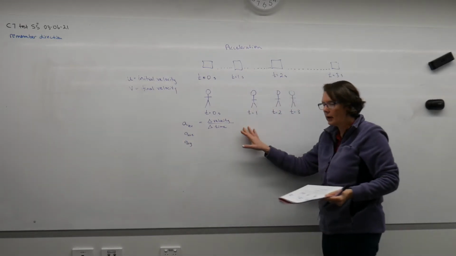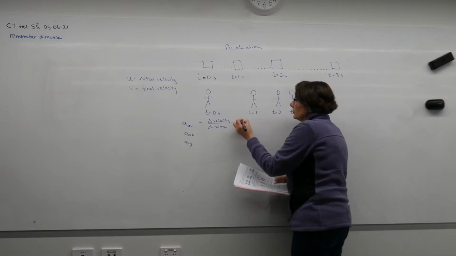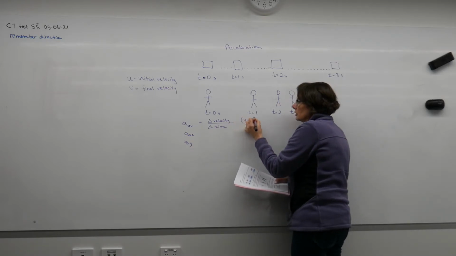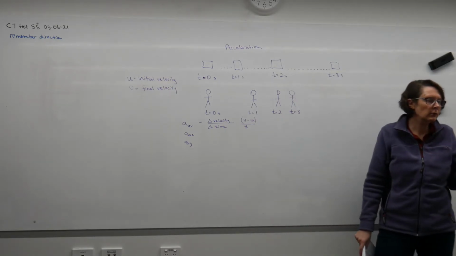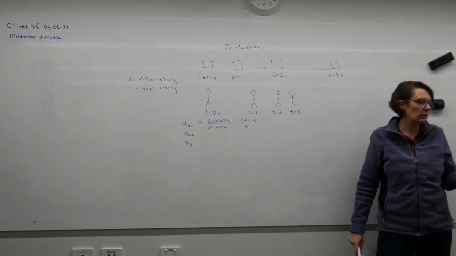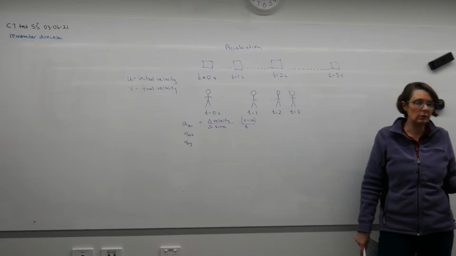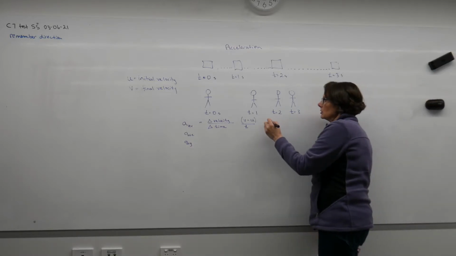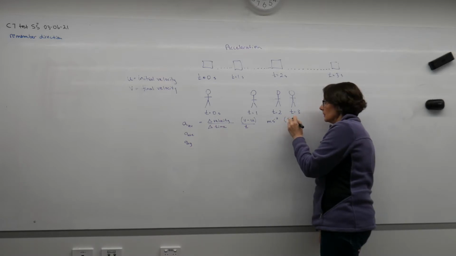So for our calculation of our average acceleration, we're going to have v minus u on t. So the final velocity, subtract the initial velocity, divided by the amount of time that change occurred, will give us the acceleration. Our units are meters per second squared for SI units.